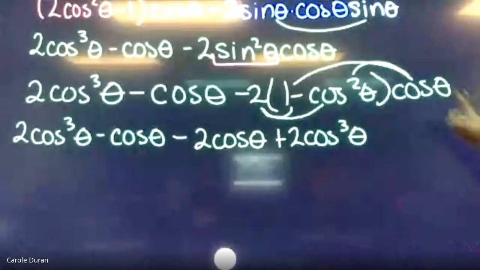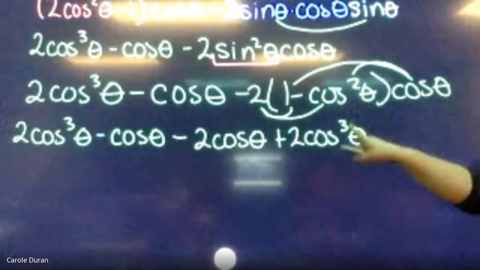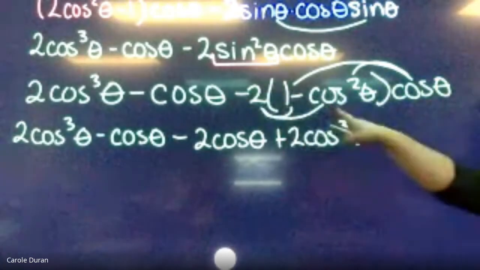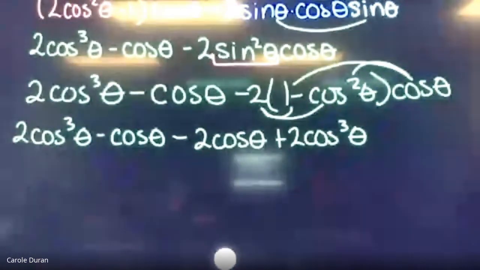So cosine times 1 becomes cosine, negative 2 times cosine becomes negative 2 cosine. Cosine times cosine squared becomes cosine cubed. Negative 2 times a negative cosine cubed becomes positive 2 cosine cubed. If you need the extra steps written out where you do each of those distributions, please write them out.